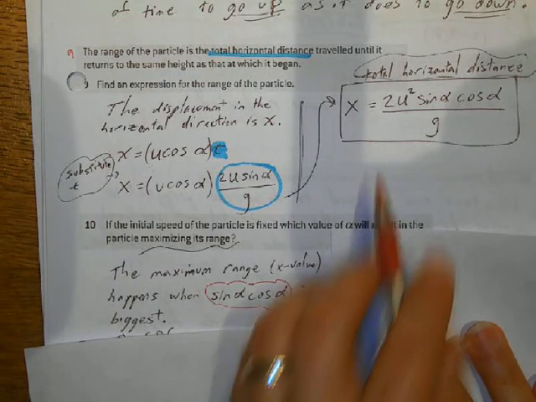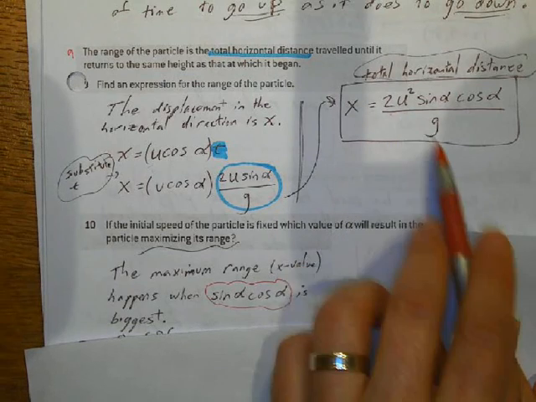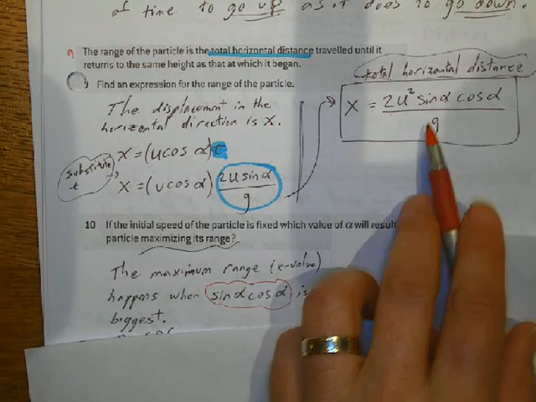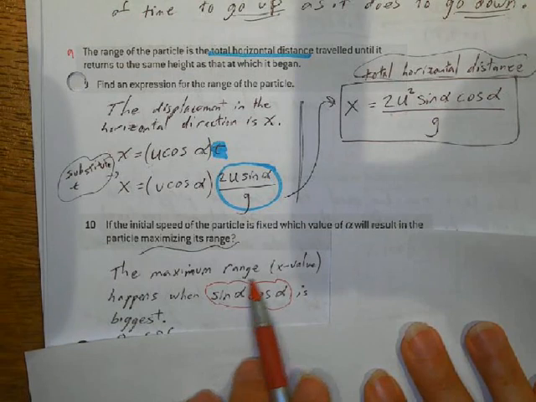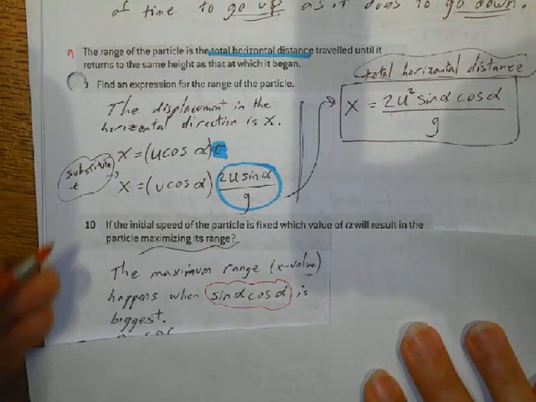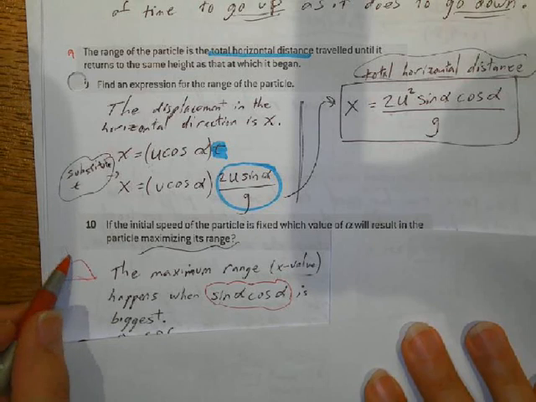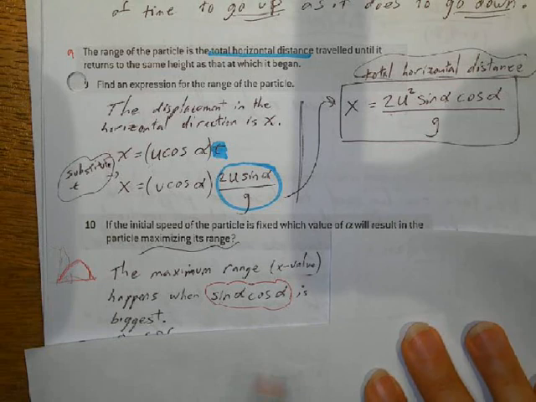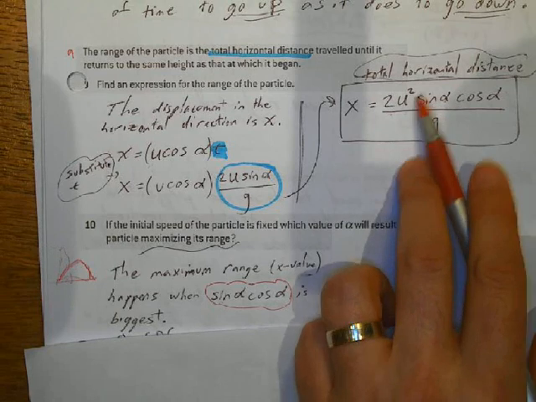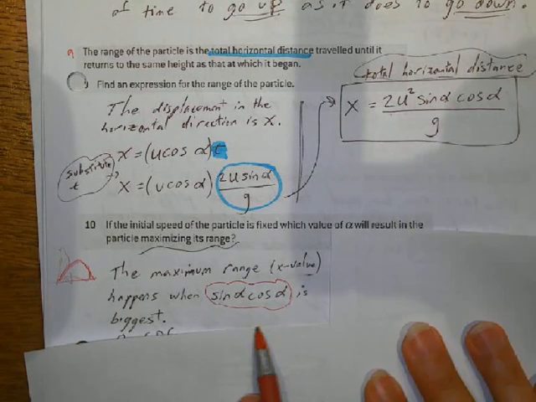Because the u and the g aren't going to be changing. So if I want to find the maximum range, if it's too shallow, it's not going to go far, and if it's too straight up, it's not going to go far. So we need to find out when sine alpha cosine alpha is going to get us our biggest number.